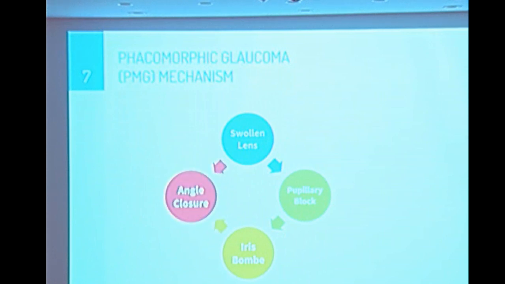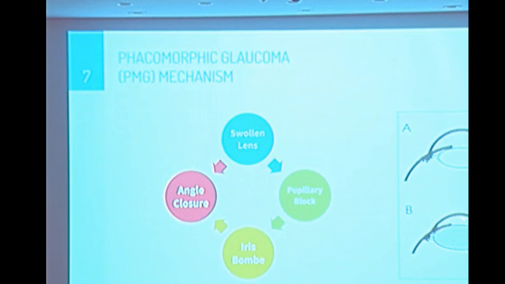And this will lead to angle closure, or, as we mentioned, the swollen lens, if too large, can lead to direct tamponading of the angle, causing angle closure. Or, as we mentioned, both conditions working together.